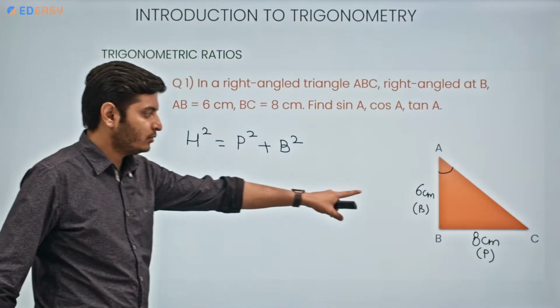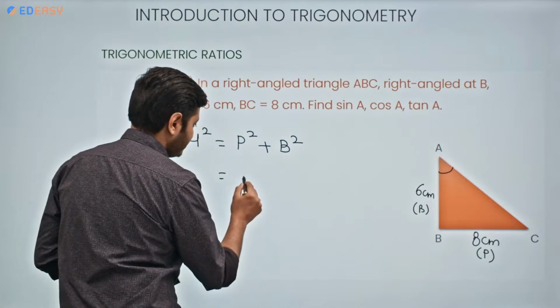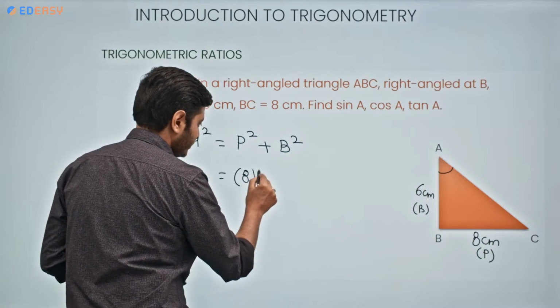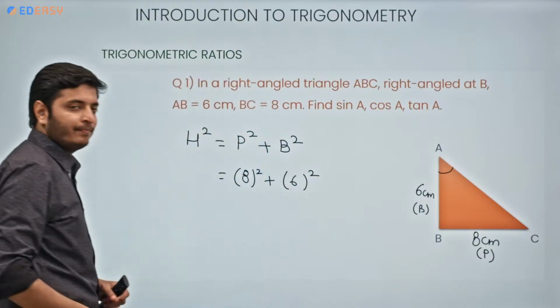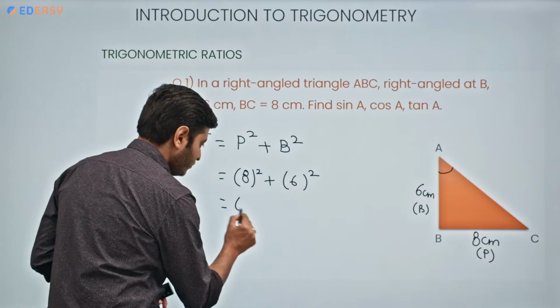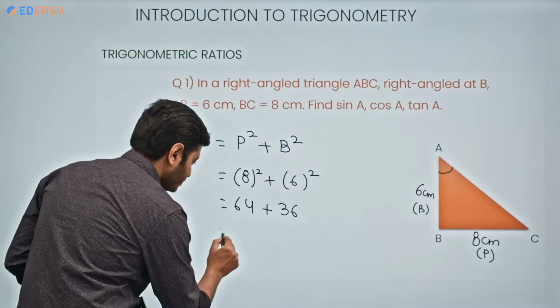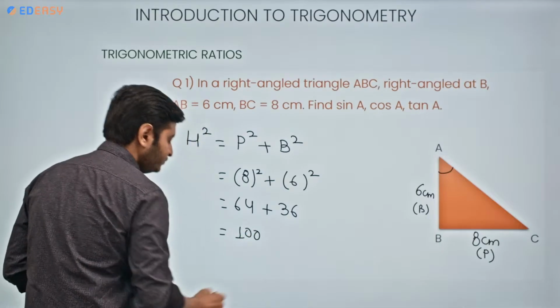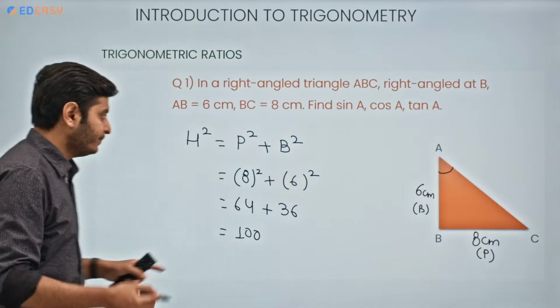These two values we know, 6 centimeter, 8 centimeter. Perpendicular is 8 centimeter, so 8 square, base is 6 centimeter, 6 square. 8 square is 64, 6 square is 36, sum 100. But this is not h, this is h square, correct?